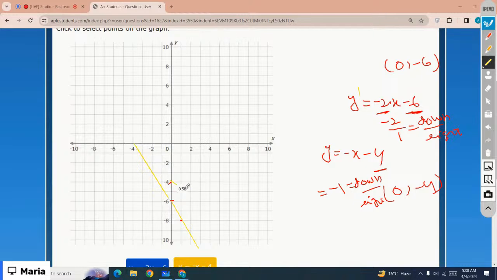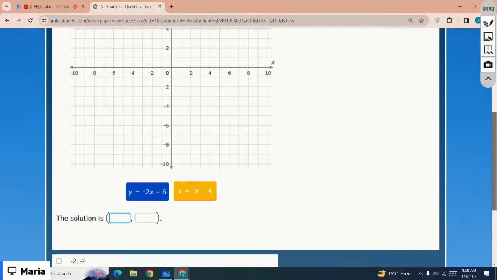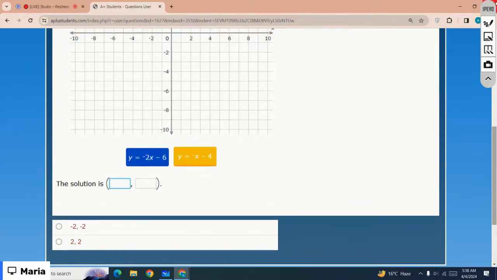Okay, probably they will intersect here somewhere, right? Let's see the solution, right? Because they will intersect here. They will intersect here. 2 and negative 2 is the correct option. No, 2, 2. Negative 2 and negative 2, they will intersect over here.